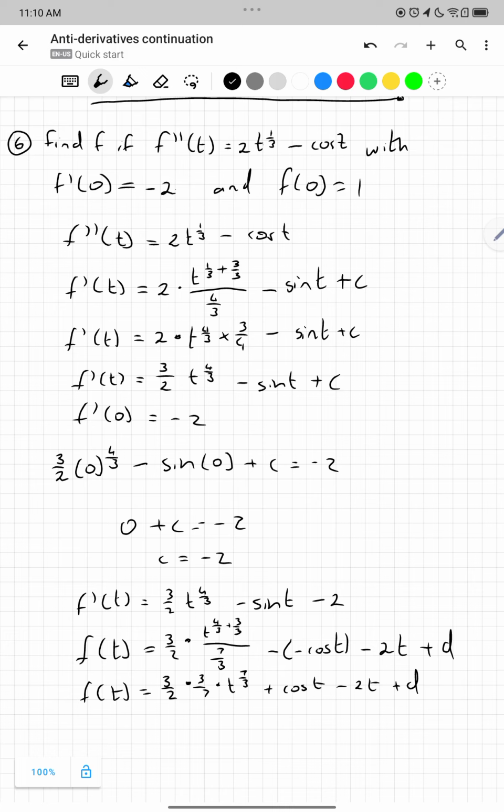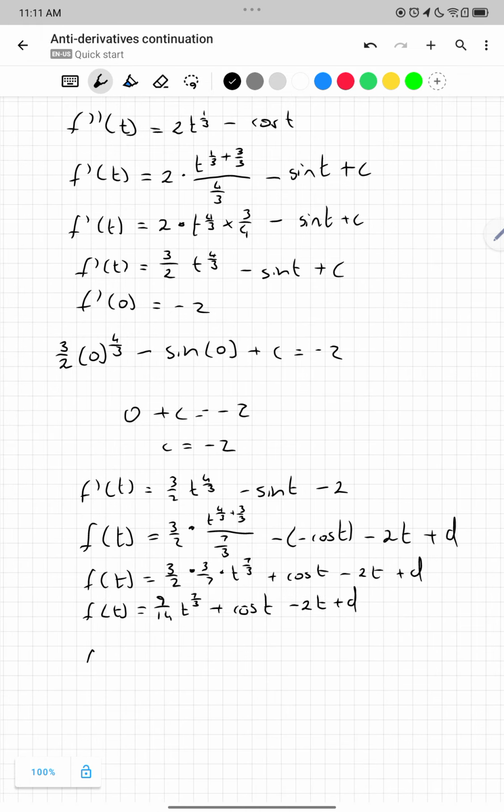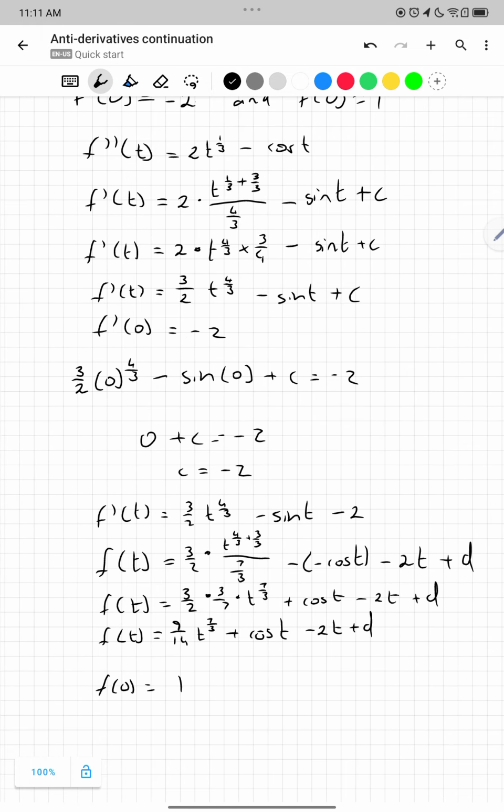So f of t will be equal to 9 over 14 t to the 7 over 3 plus cos t minus 2t plus d. So since they told us that f of 0 is equal to 1, right?